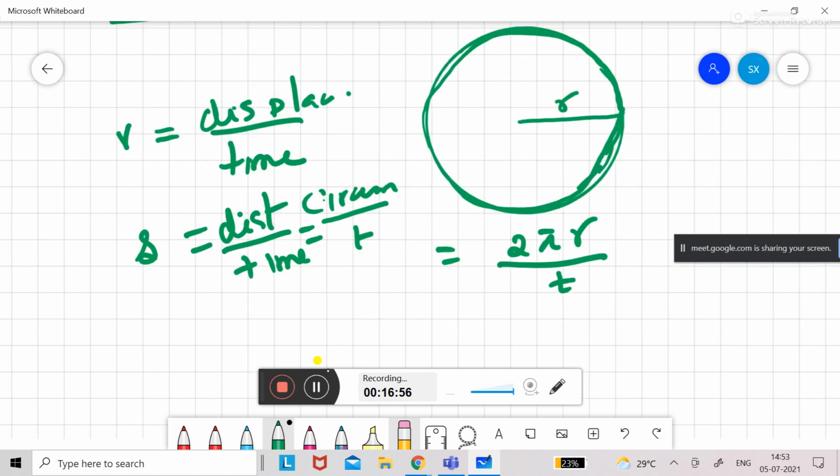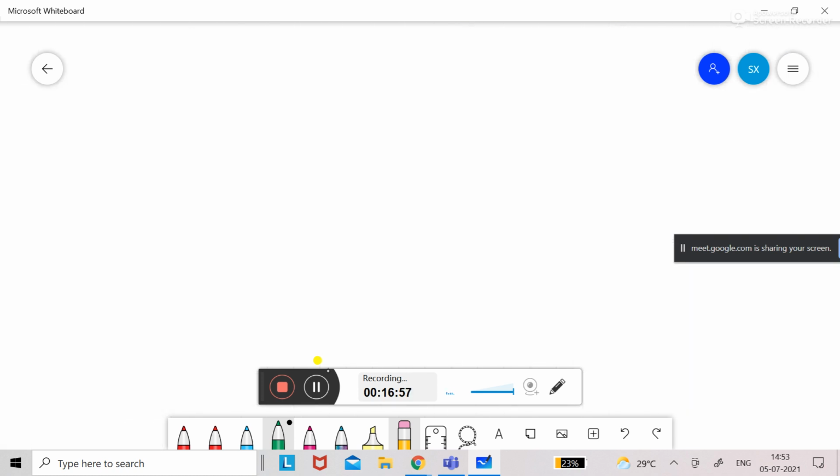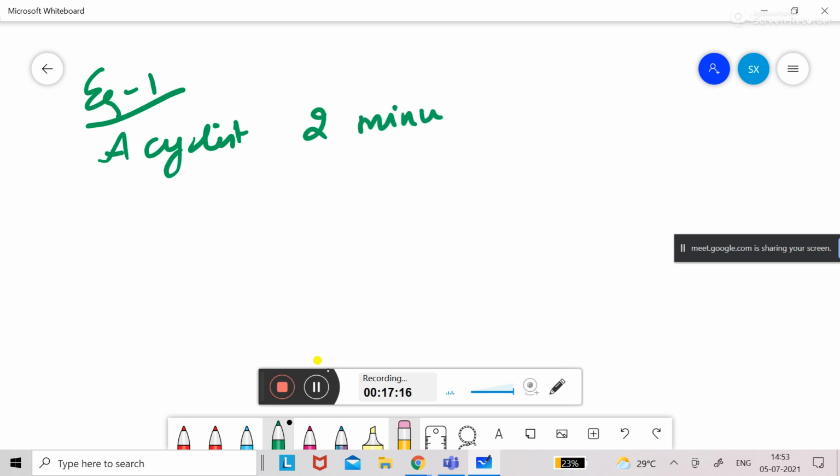Is it easy? Problems are very easy in physics, not like your mathematics. For example, one sum I'll teach you. A cyclist goes around a circular track once every 2 minutes.